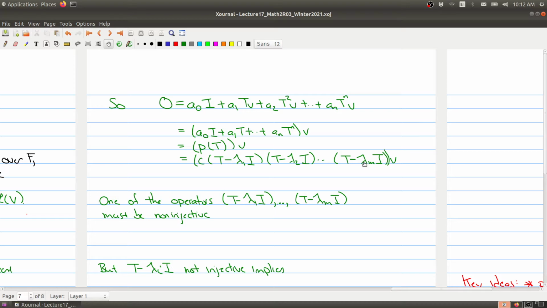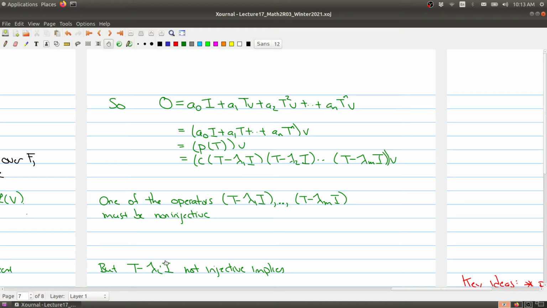So you would take v and you plug it into the first guy, okay, and you may or may not get 0. If you got 0, then everything else from there would be 0. If not, you would plug it into the next guy and you would get 0 or not 0. And at some point you're going to get something that was non-0 suddenly giving you 0. So that implies that one of these operators must be not injective.